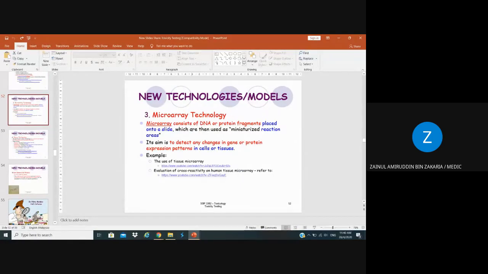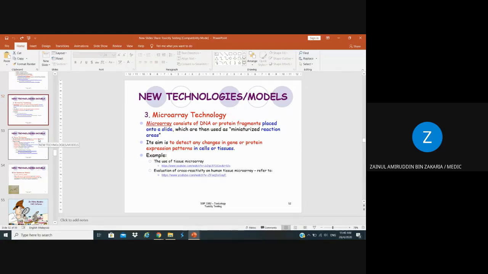You use DNA or protein fragments placed onto a slide as miniaturized reaction areas to detect any changes in gene or protein. So also I give you a link to go if you want to know more about this.